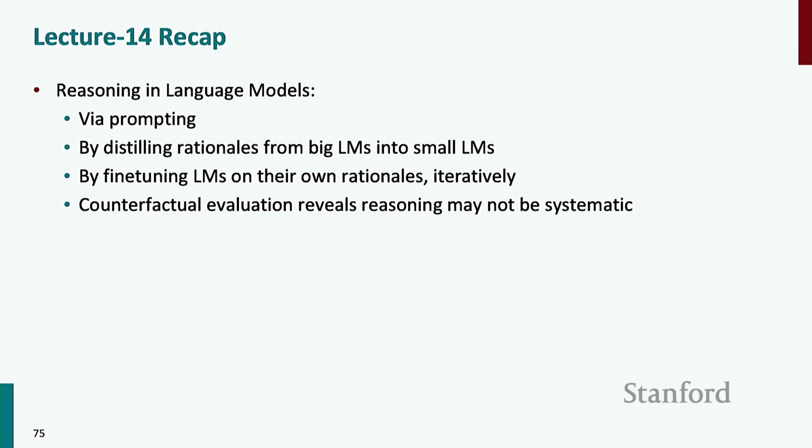But on the flip side, while there are some initial reasons to be optimistic, if we do counterfactual evaluation, it's not clear if the models are good because they're reasoning, or because all of these problems were in some shape or form already in the training data, and we saw that with counterfactual evaluation.